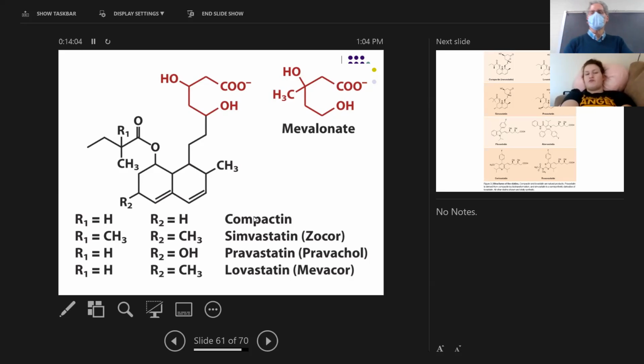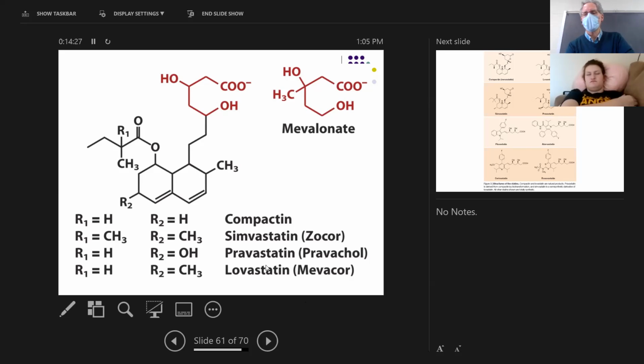Compactin never came to market. Merck Corporation, under the leadership of Roy Vagelos at the time, was working on lovastatin. Lovastatin was the very first statin ever marketed. It was called Mevacor. It's of course under generic now. It's still used.